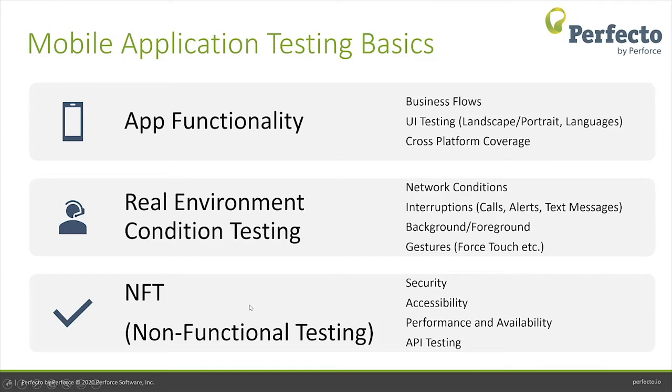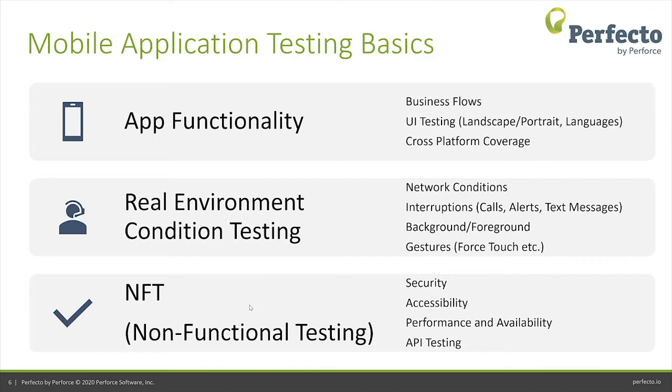And the final one, which is important, is the non-functional testing. You want to make sure that you are testing for security, either through static code analysis or other automated methods, code coverage mechanisms, and stuff like that. You want to test for accessibility. iOS and Android are supporting a lot of accessibility solutions.